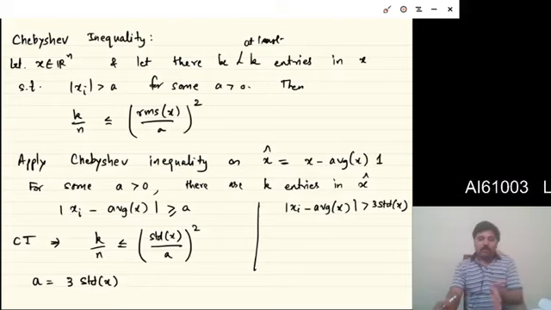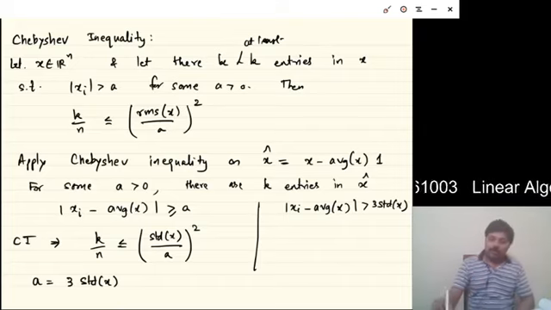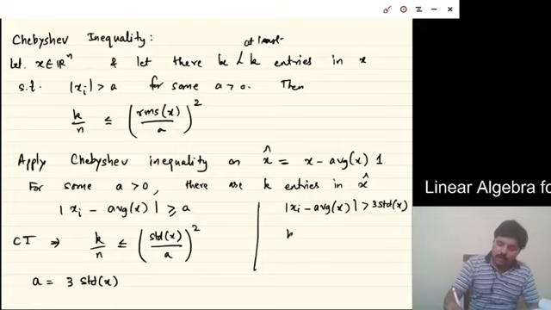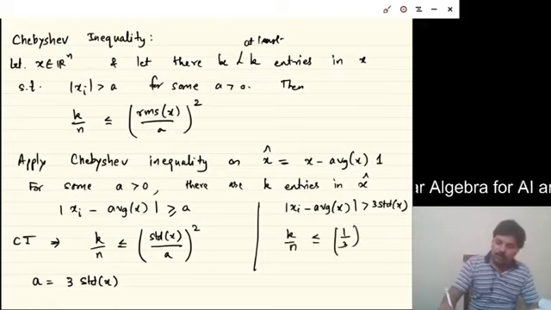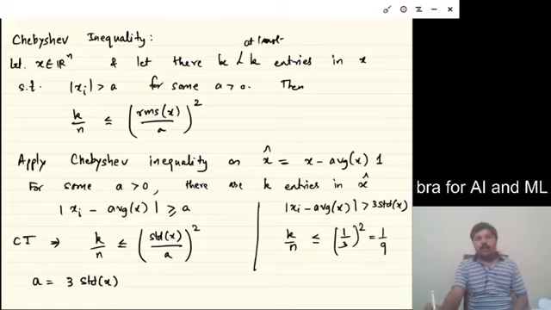This Chebyshev inequality is actually telling us how many such entries in a vector can be there. If I take A to be the standard deviation, then K by N is going to be less than or equal to 1 by 3 square, which is equal to 1 by 9. So what are we saying?